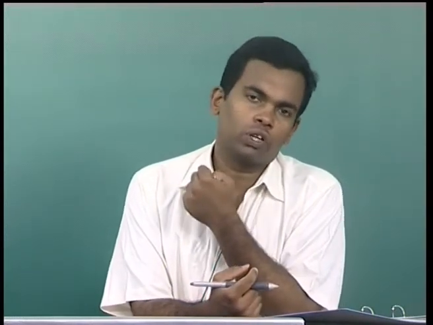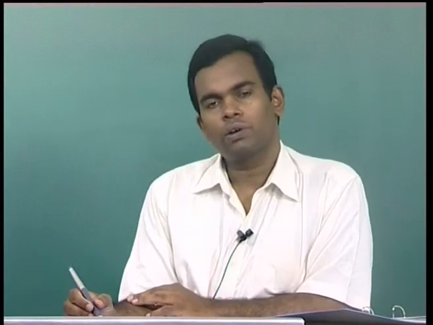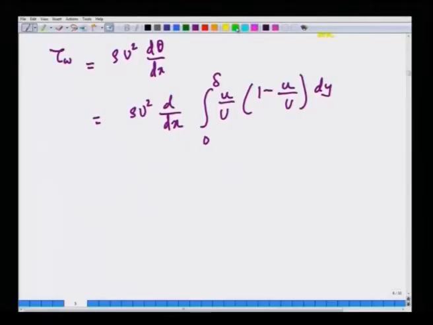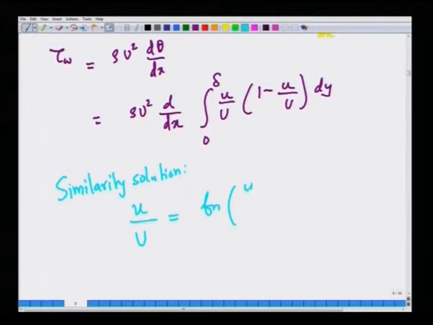Of course, we have not solved for it, so we have to make an approximation. Usually, it turns out that within the boundary layer there is a similarity solution, in the sense that the velocity profile u by U is nothing but a function only of y divided by delta of x.